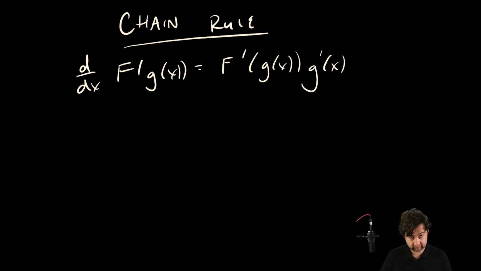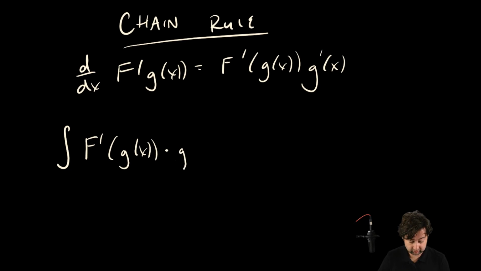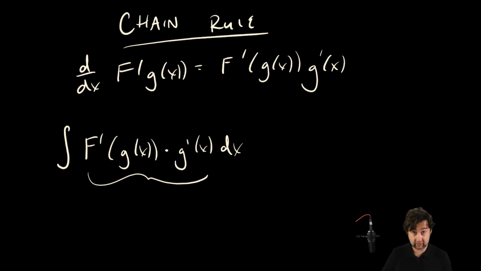And because integration means anti-differentiation, if I saw the integral of f prime of g of x times g prime of x dx and could recognize it as the result of a chain rule, I could write down that this was equal to f of g of x plus c.